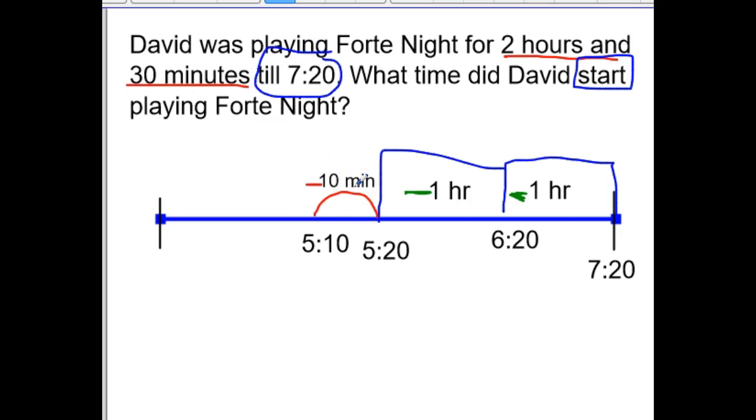And then I'm going to subtract another 10 minutes. So I'm going to subtract another 10 minutes here. Now if I take away the 10 minutes here that I have, I'm going to have 5 o'clock exactly.